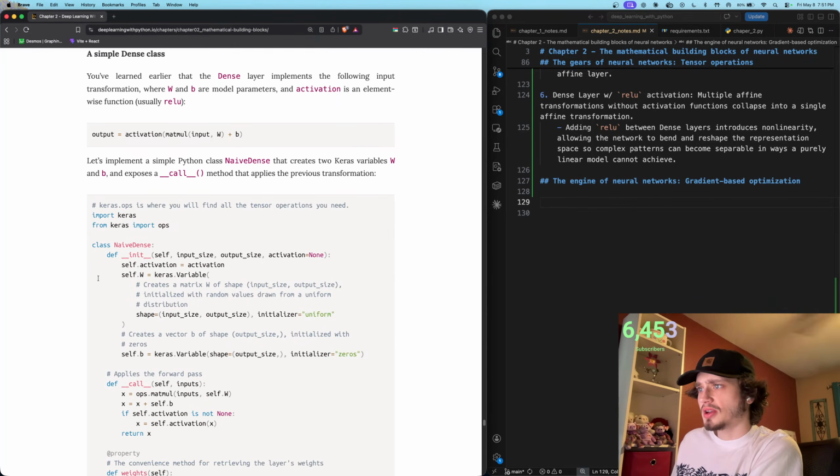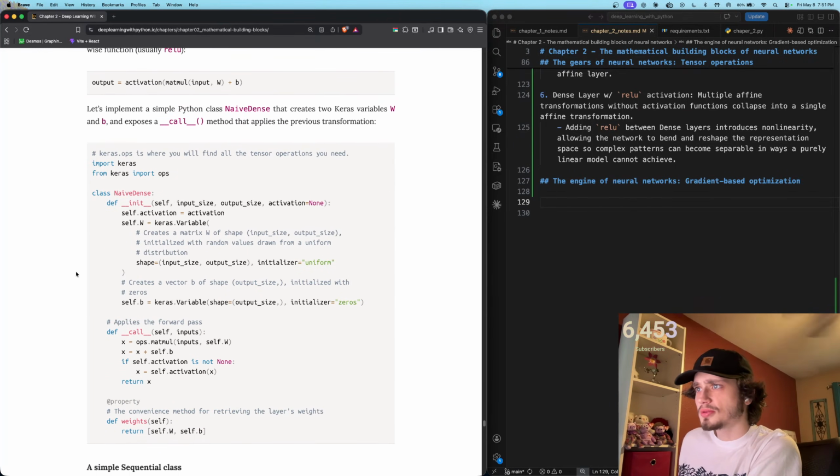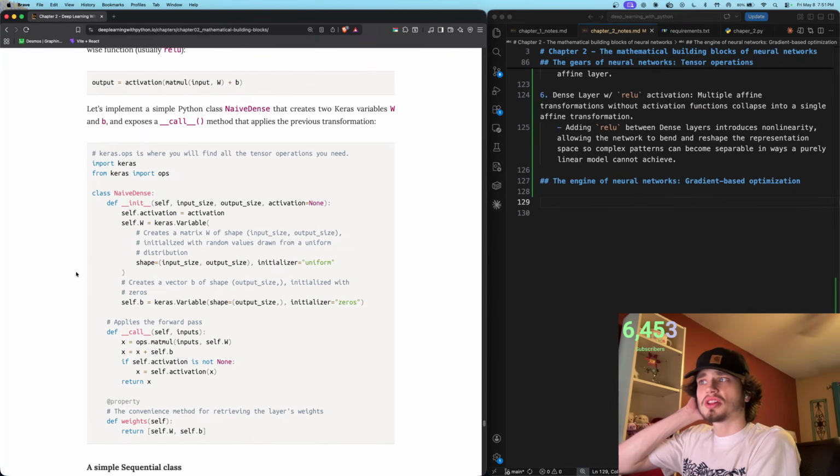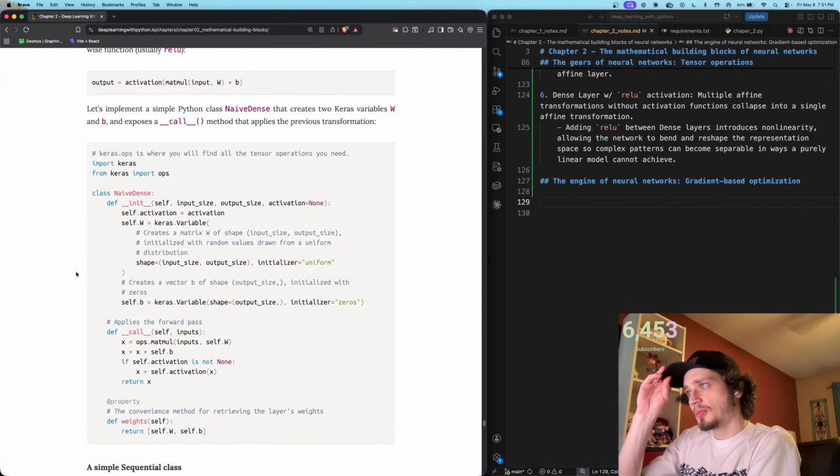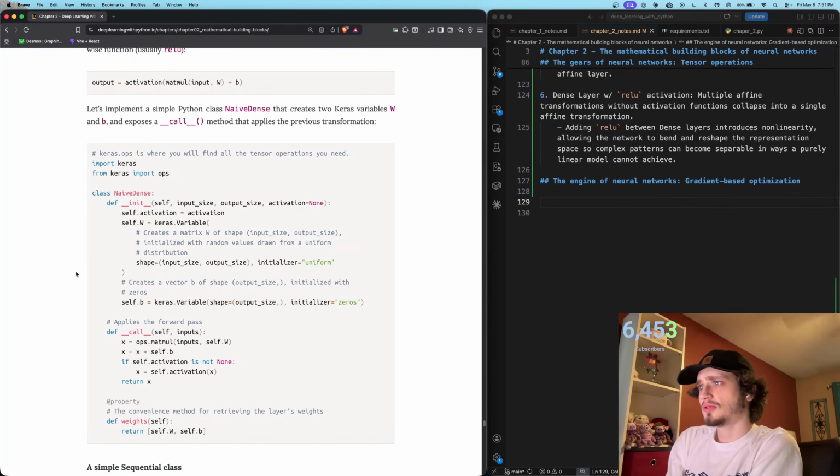So we import Keras and we import from Keras ops. We have a NaiveDense, which is going to be kind of a mock layer that we're going to implement with Python here. In our initializer, we have input size, output size, and activation is None. We set self.activation equal to activation, and we say that self.W, or weights, is equal to keras.Variable.